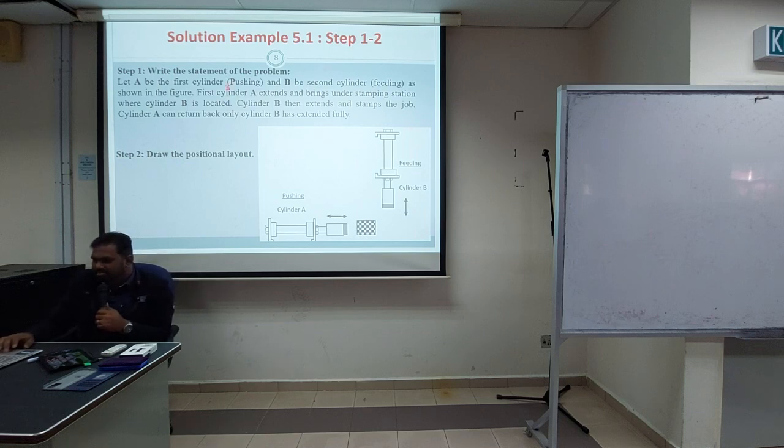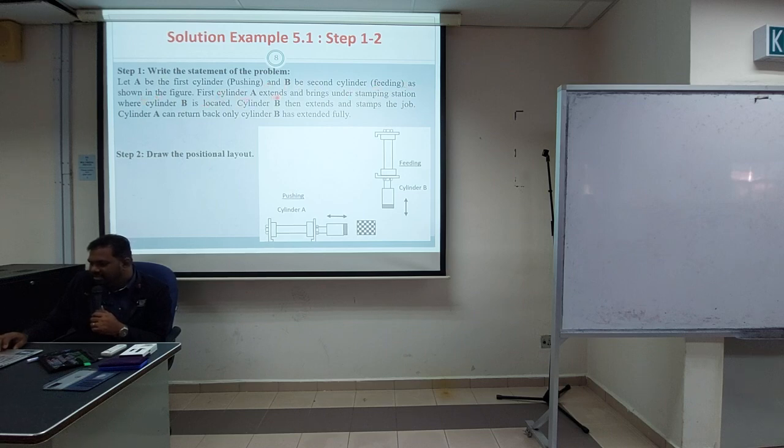There are a few steps. First, write the statement of the problem. In the statement, make sure you put all the names: cylinder A, cylinder B, sensor 1, sensor 2, sensor 3. So put all those names. Like here, let A be the first cylinder pushing and B be the second cylinder feeding, as shown in the figure.